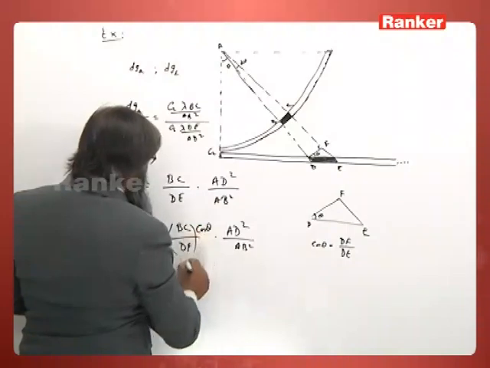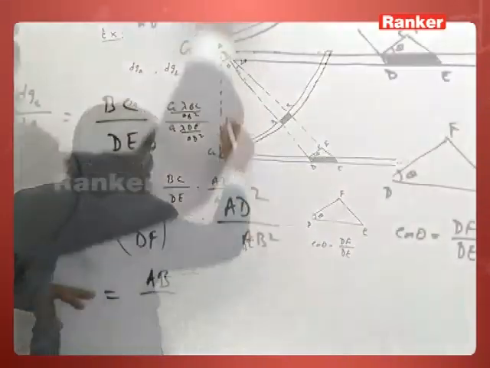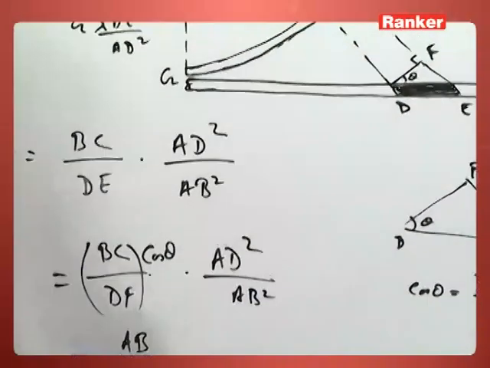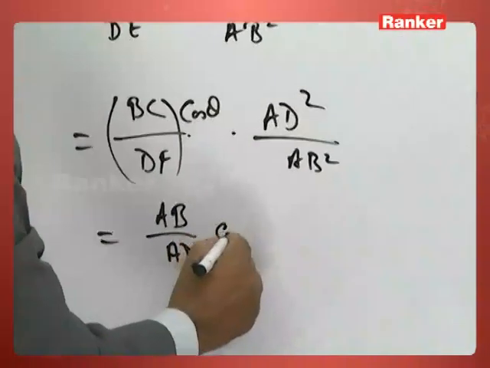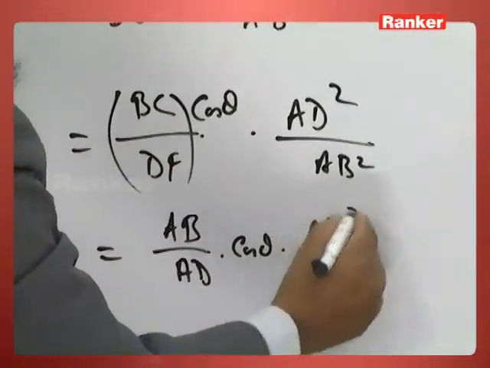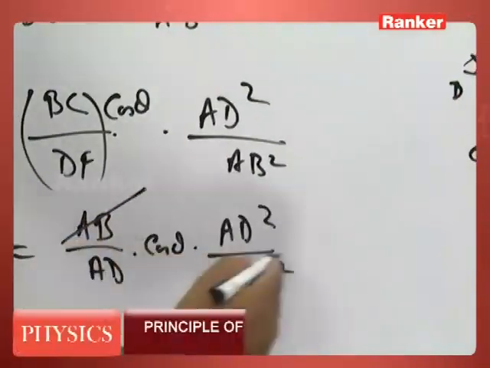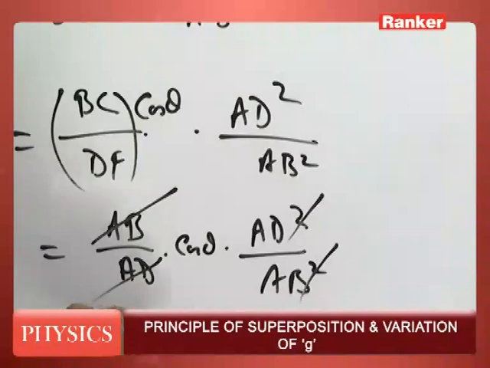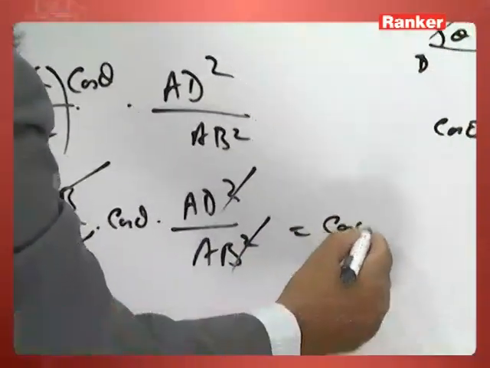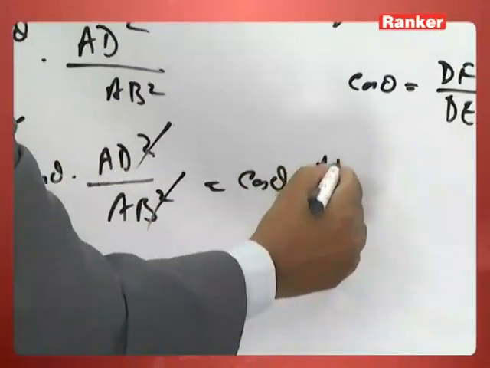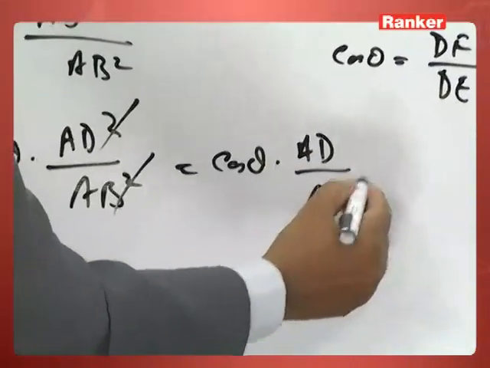So this will be replaced by AB by AD. Next cos theta into AD square by AB square. So you see this AB square, this square AD cancel. So we got cos theta is equal to AD by AB.